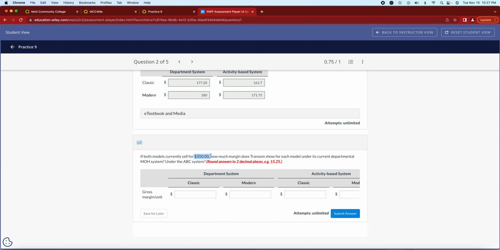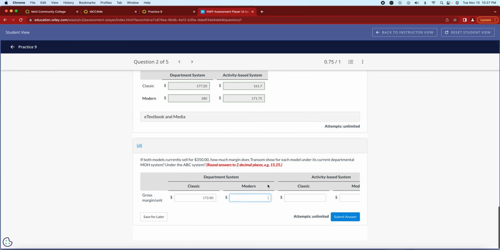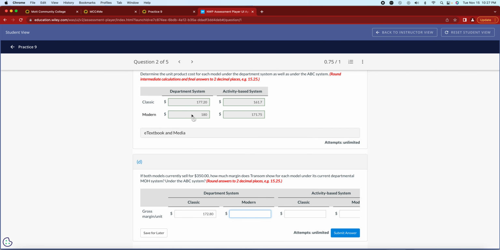What we want to do is take that $350 and subtract the classic departmental total cost from it. Minus 177.20 will give us 172.80. For the modern under the departmental system, 350 minus 180 would give us 170.